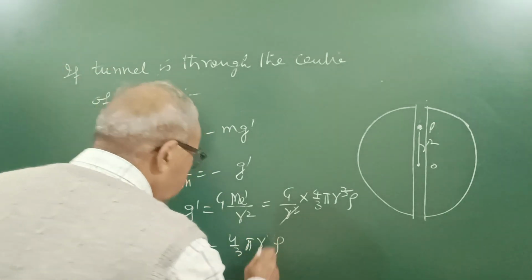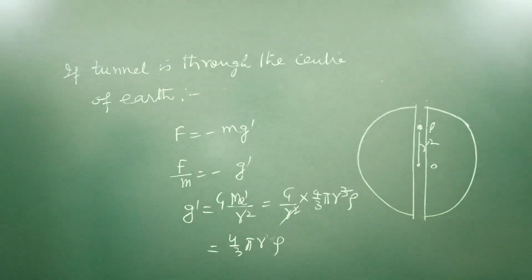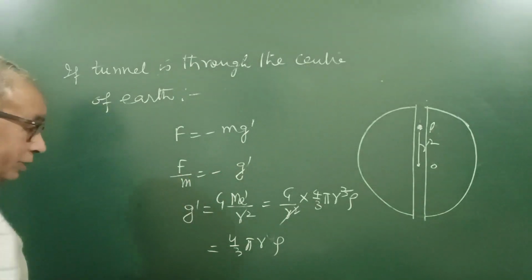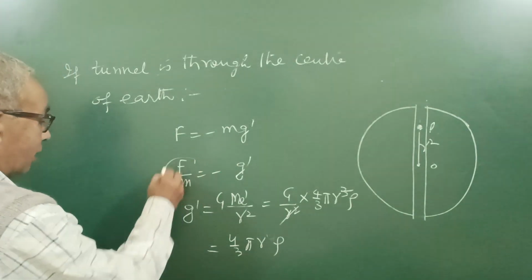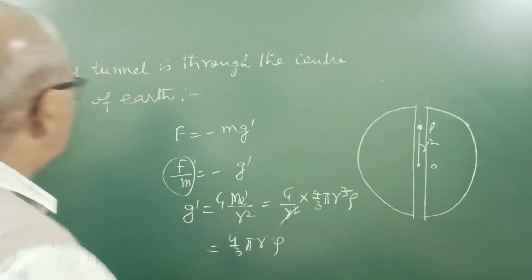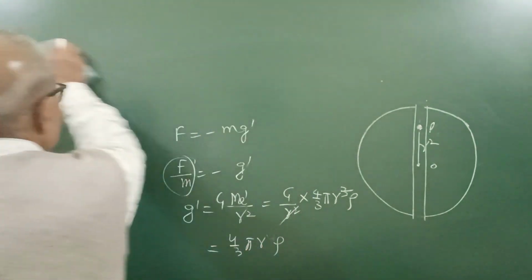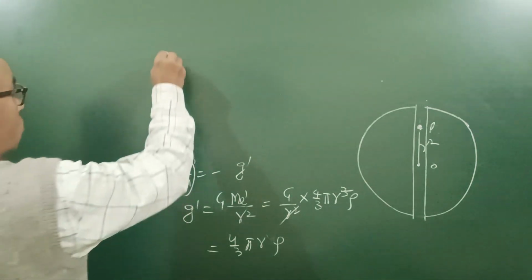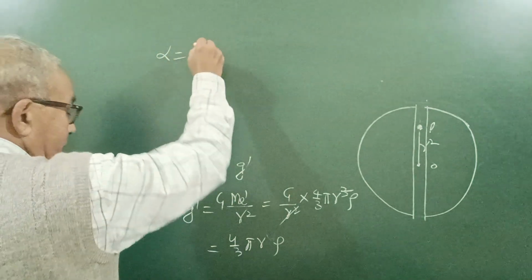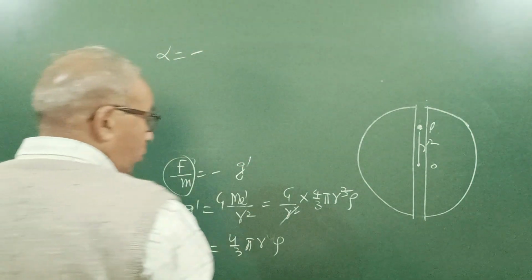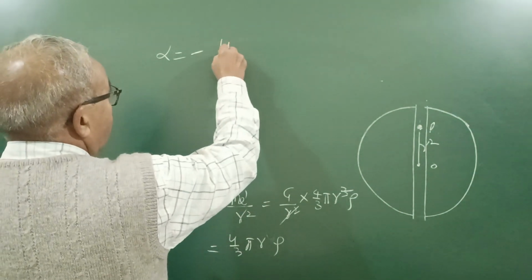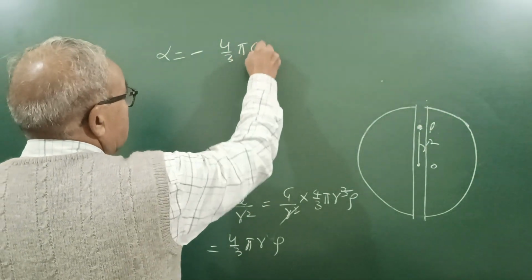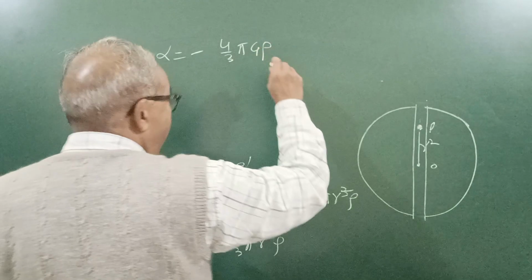Sorry, r into rho. So if I put this value here, this acceleration alpha is equal to minus 4 by 3 pi G rho r.